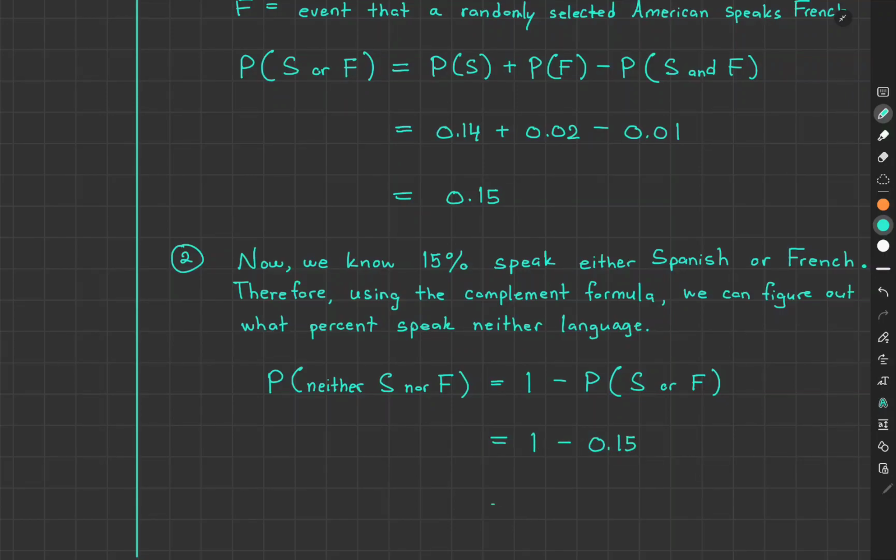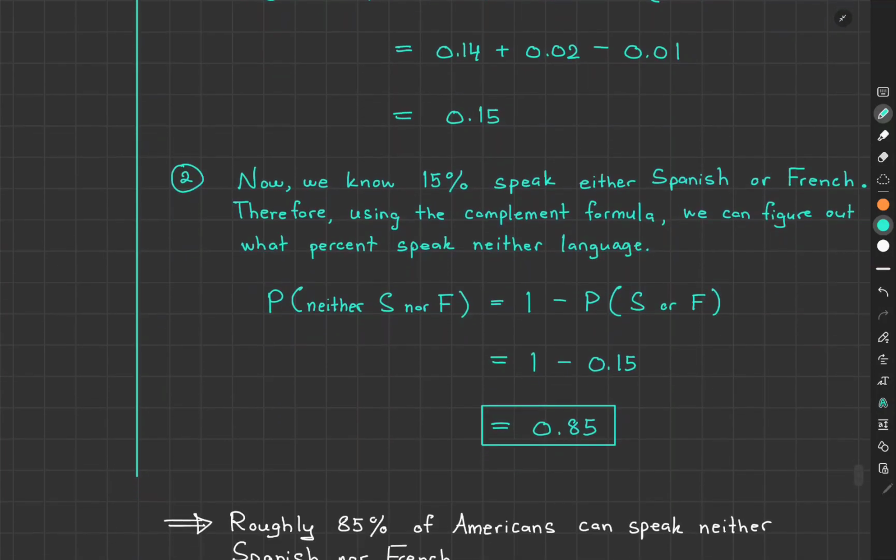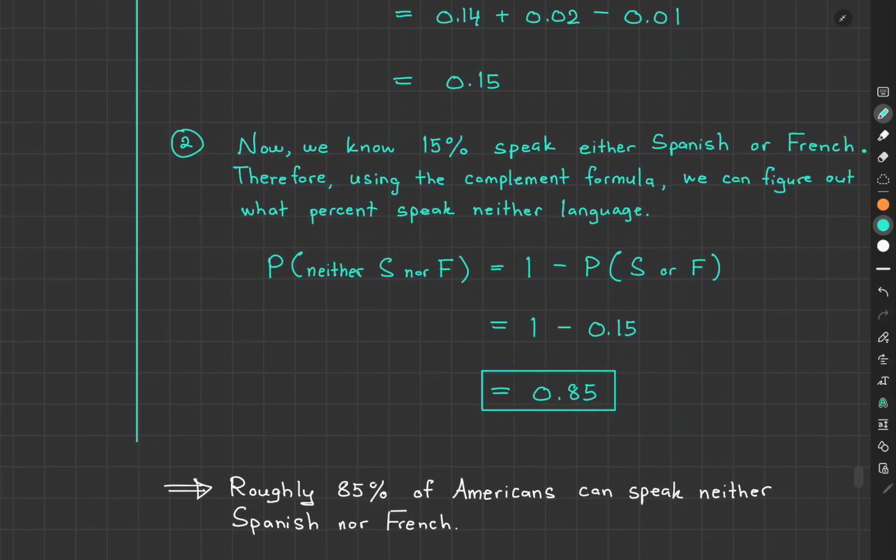So you have 1 minus 0.15, which is simply 0.85. Okay? So according to this, roughly 85% of Americans speak neither Spanish nor French. And these are just estimates of the real values.